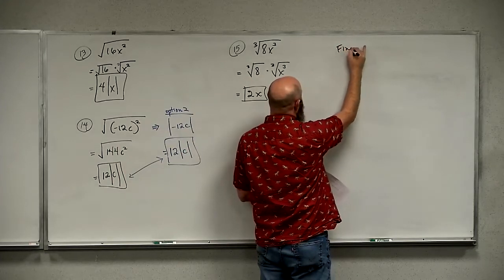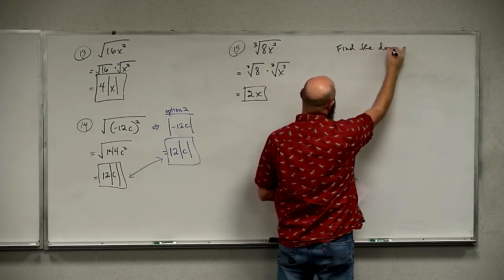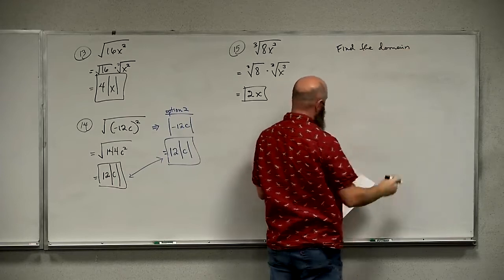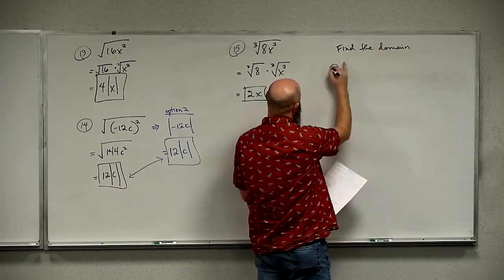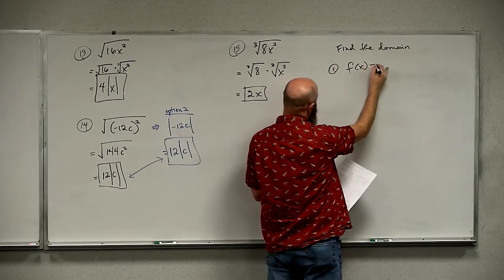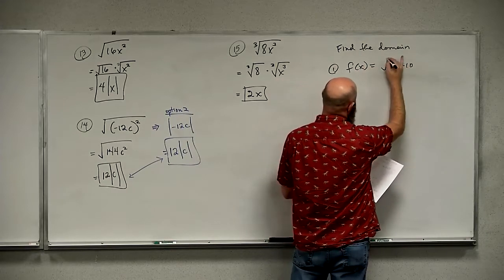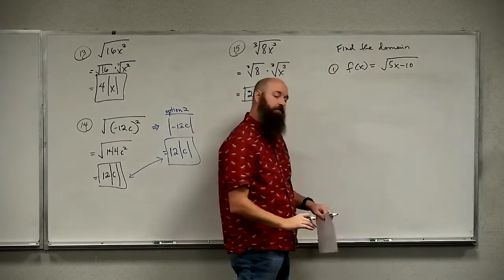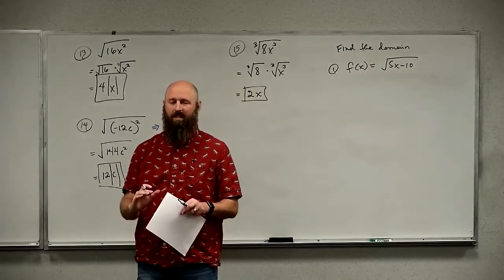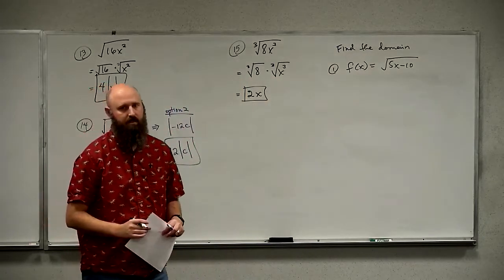Last thing though, we're going to find the domain. So if we have this function, f of x equals the square root of 5x minus 10. Now we're going to focus on square roots because that's what we use the most for these.